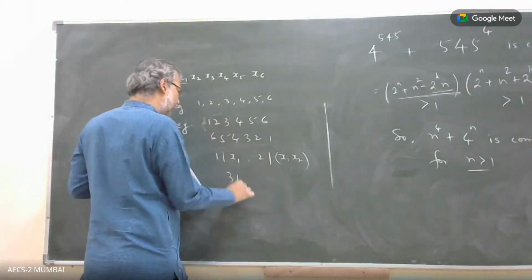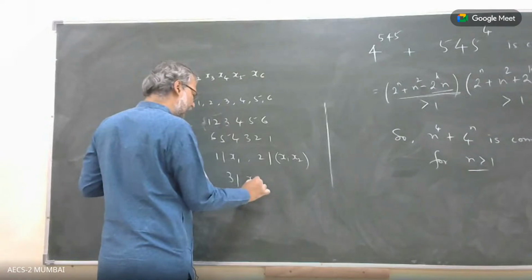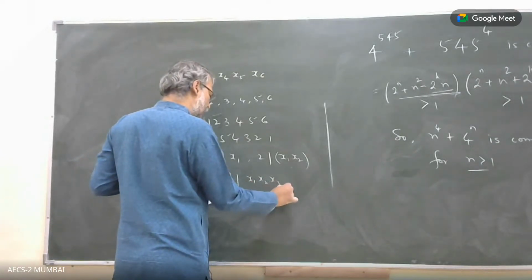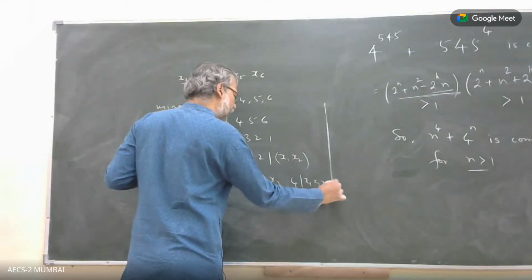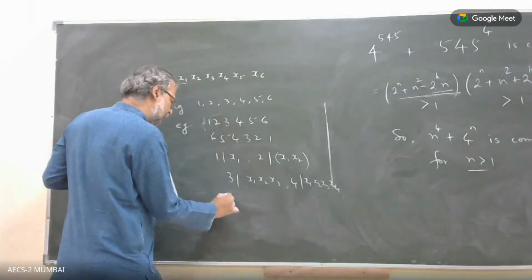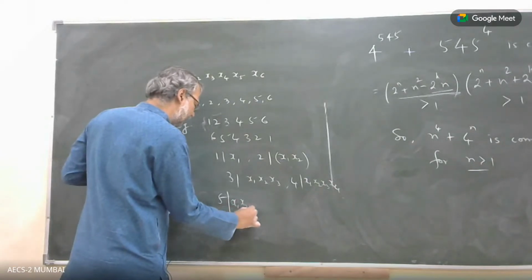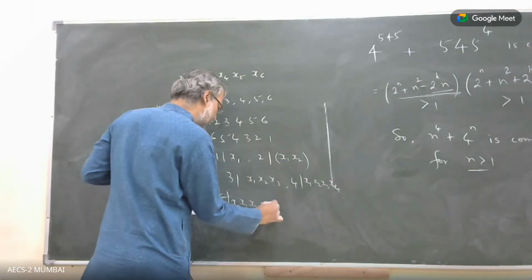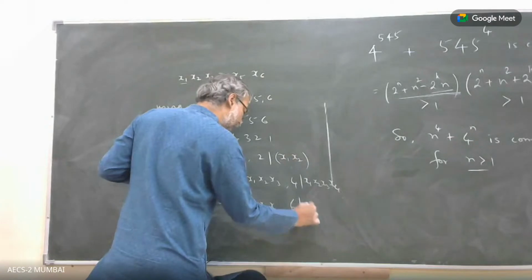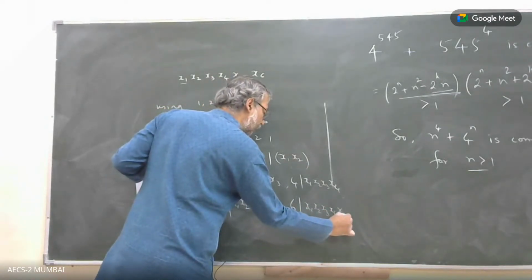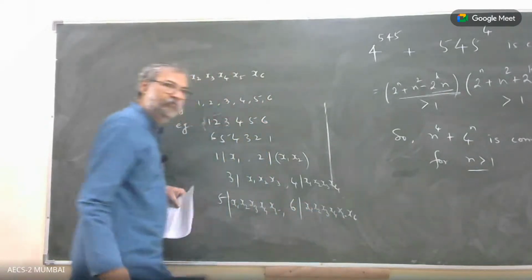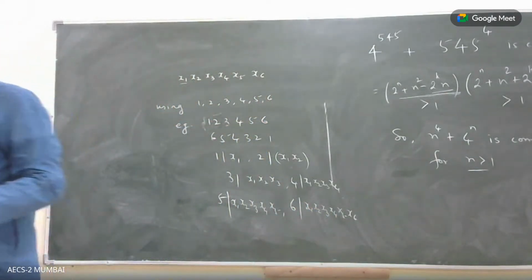Then 3 should divide x1 x2 x3, a 3-digit number. 4 divides x1 x2 x3 x4. 5 divides x1 x2 x3 x4 x5, and 6 divides the total number. Is the problem clear?